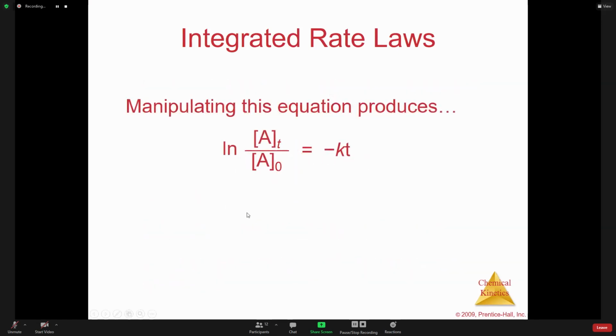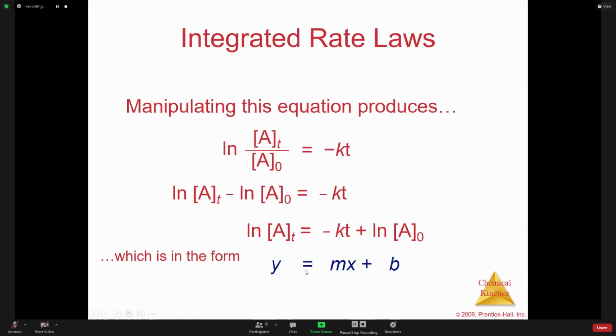If we rearrange it, we can get it into a y equals mx plus b format, which is really helpful for collecting data and seeing if you have a linear relationship. You can tell if something's first order, second order, or 0 order.